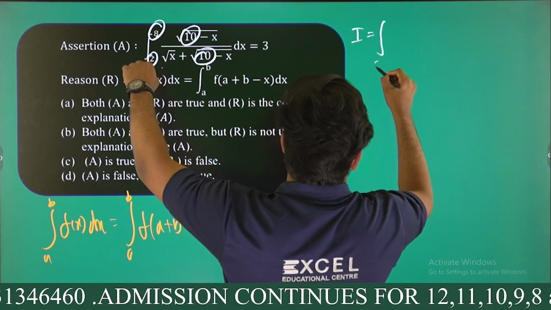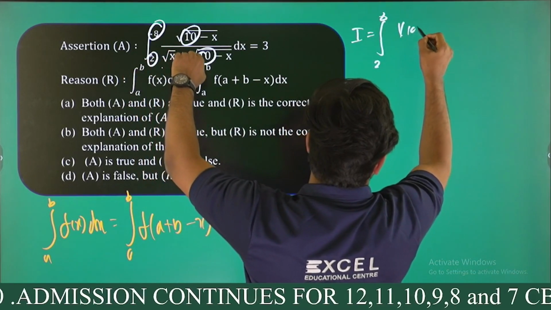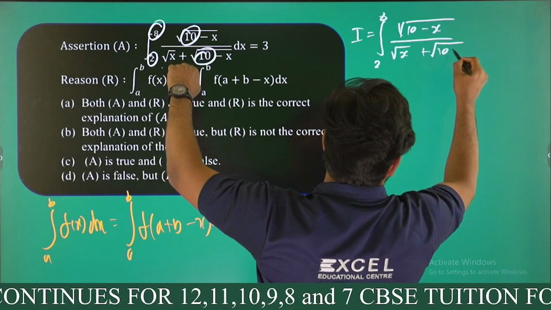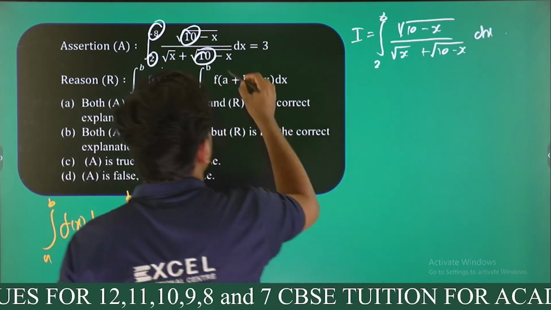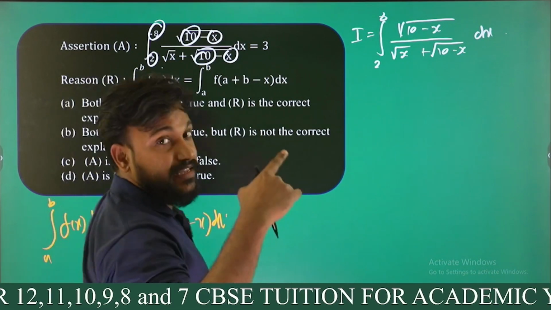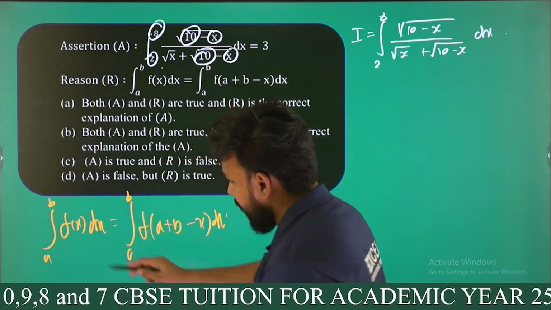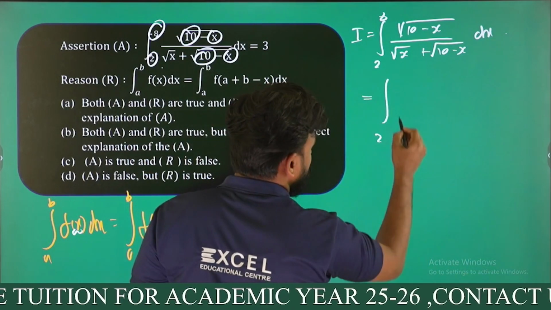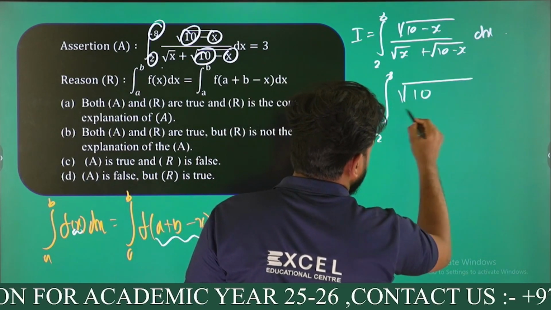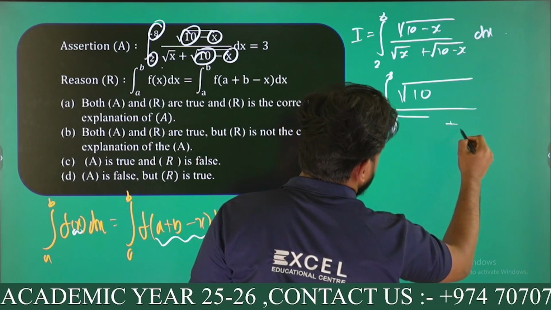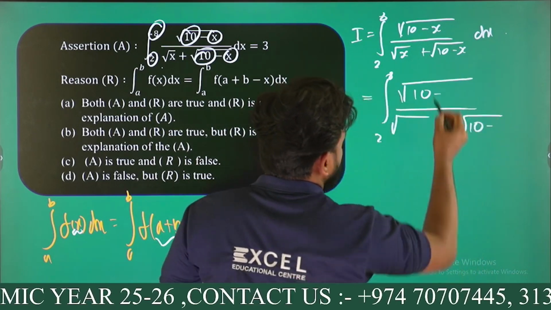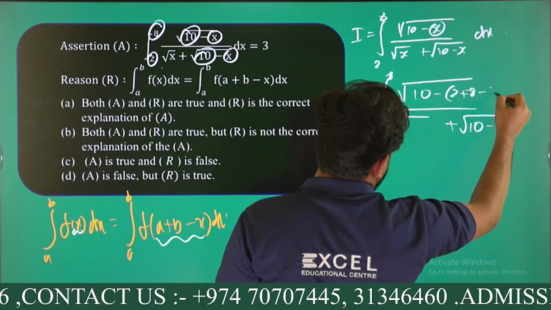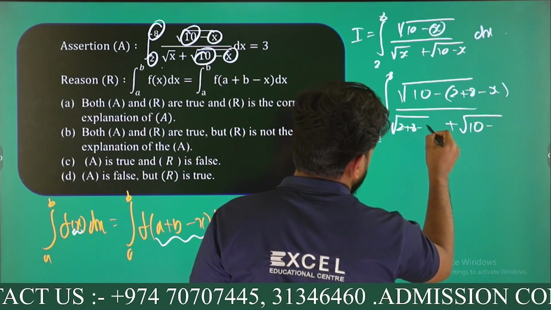integral 2 to 8 root of 10 minus x by root x plus root of 10 minus x dx. So I have to replace all the x with the sum of limit minus x. Instead of this x, I'm going to replace the sum of the limits, 2 plus 8, I can write it 10, 2 plus 8 minus x.